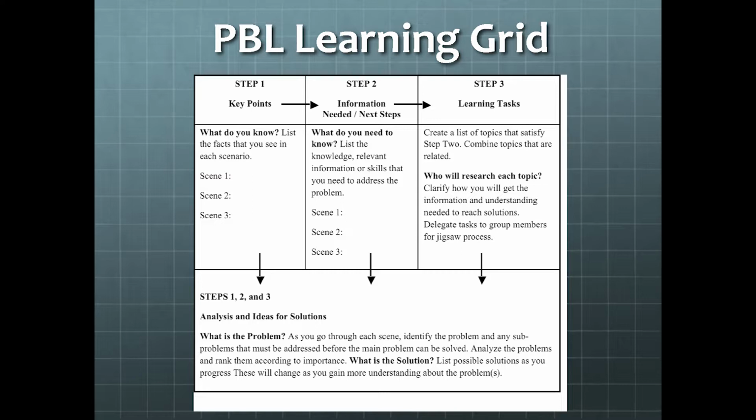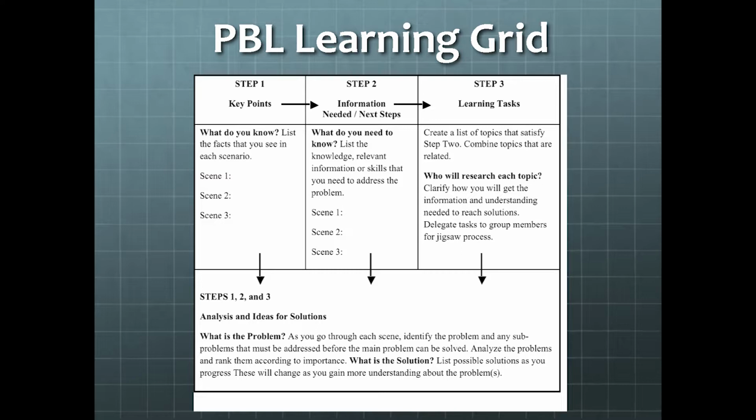Then from scene 1, you move to what you need to know, where you list the knowledge, the relevant information or skills that you need to address the problem. So in scene 1, you would say, we know this, what we need to know is this. We know that, what we need to know is that. So you move from column 1 to column 2 in the process.